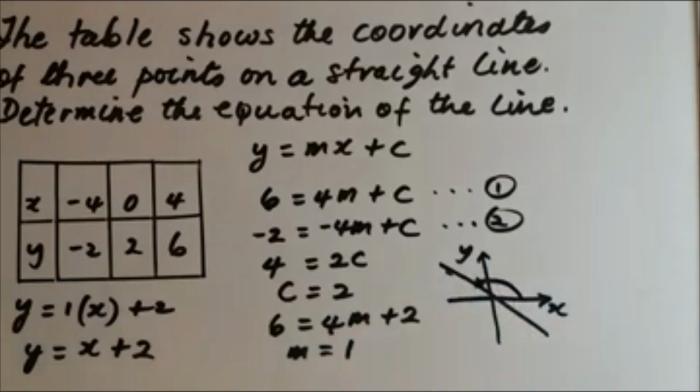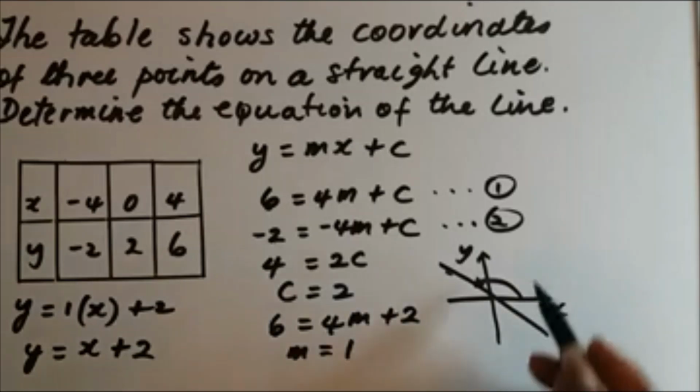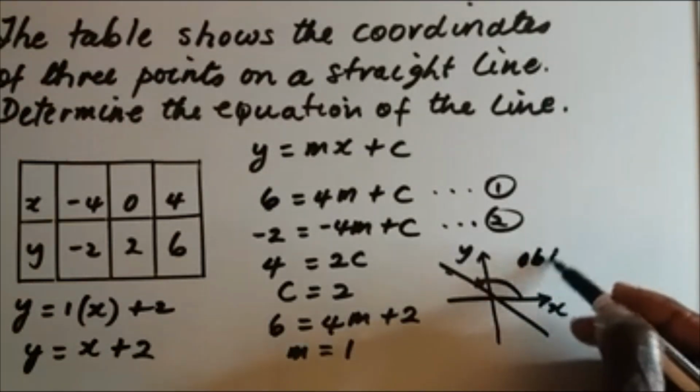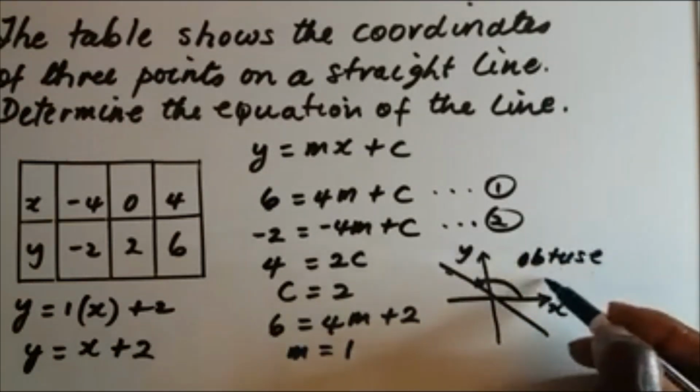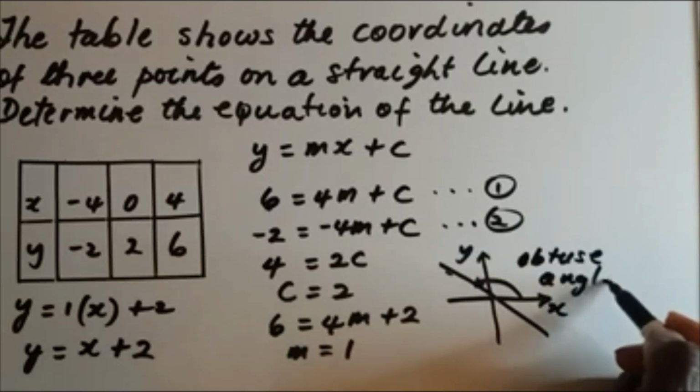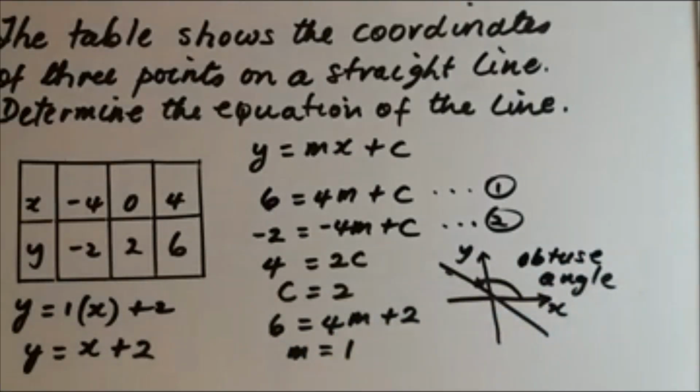In this case, we have a gradient that is negative, which implies that m, the gradient m, is negative, and we have an obtuse angle. So for positive gradients we have an acute angle, and for negative gradients we have an obtuse angle.